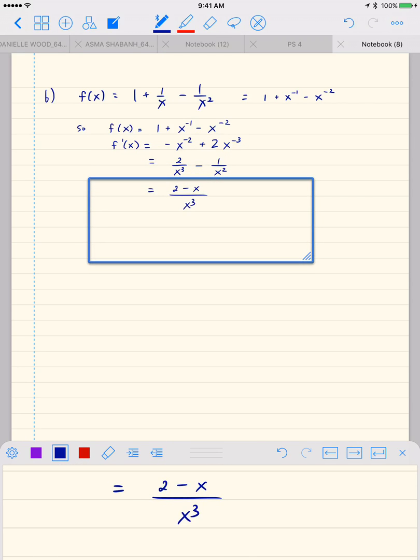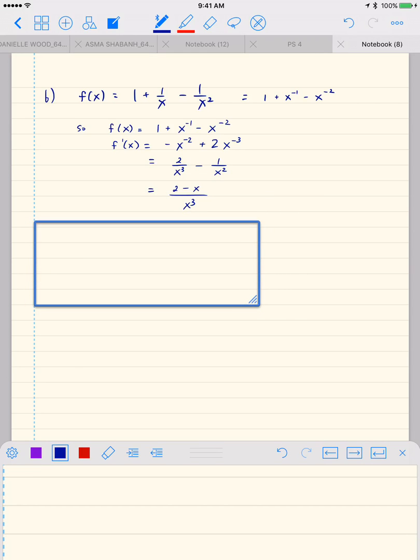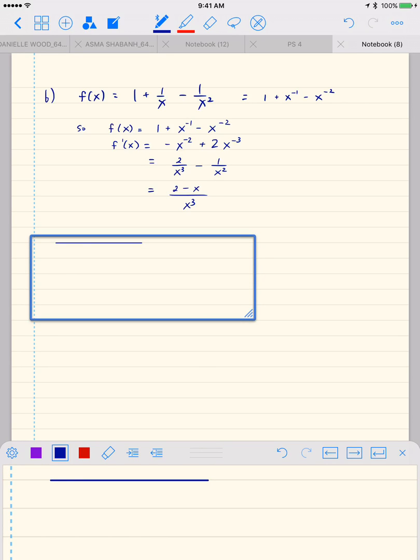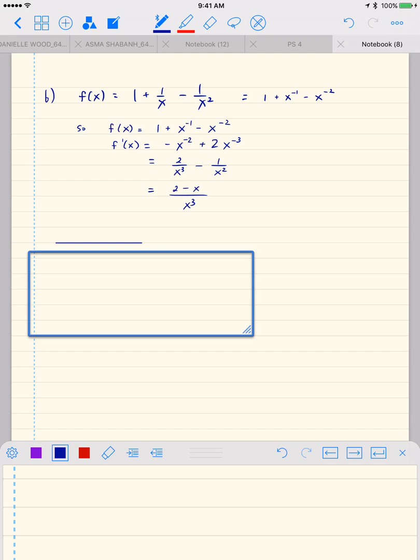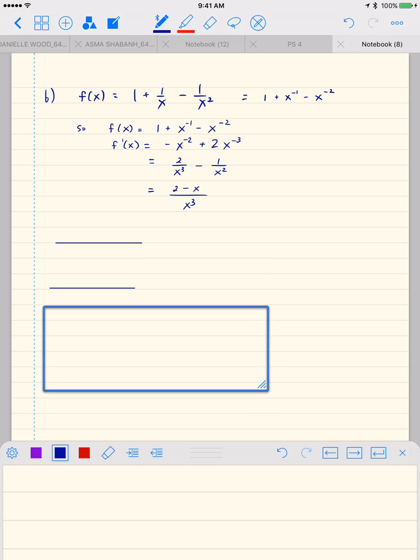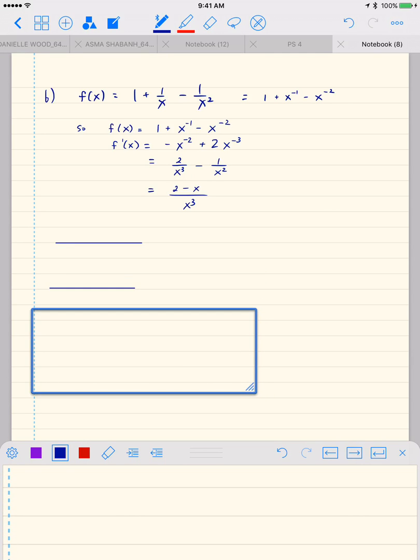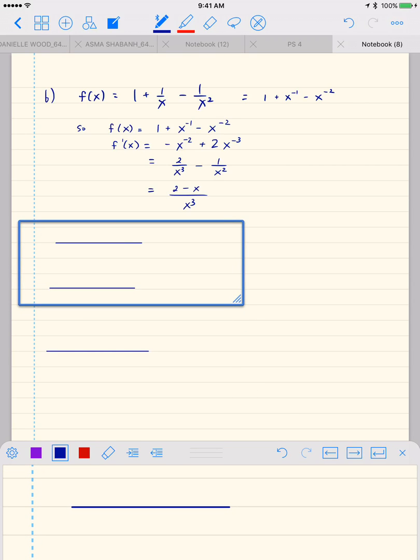x cubed. Okay, so I'm doing my sign analysis, and I know I'm going to need one row for the numerator, one for the denominator, and then one where I put everything all together. So my numerator here is 2 minus x.